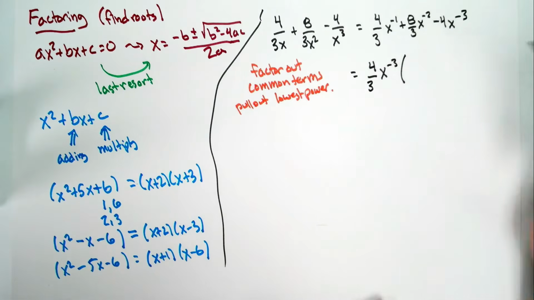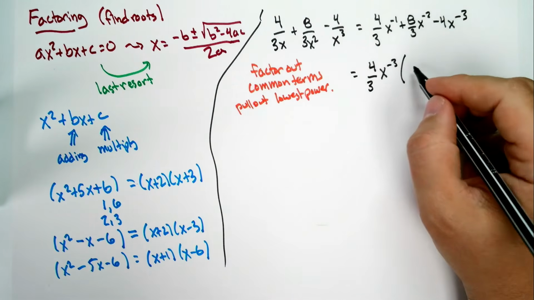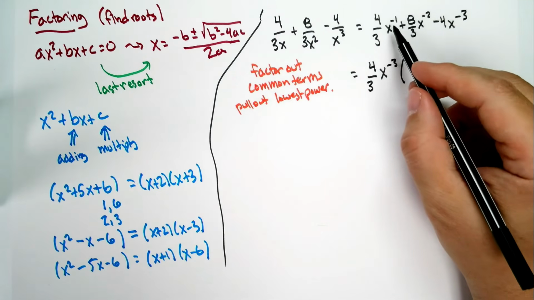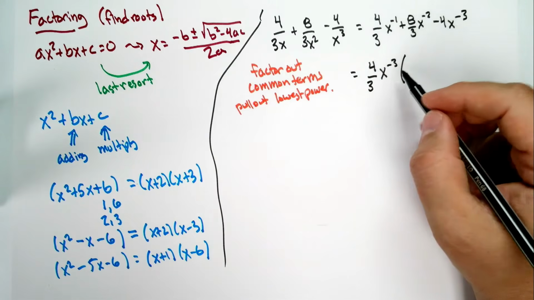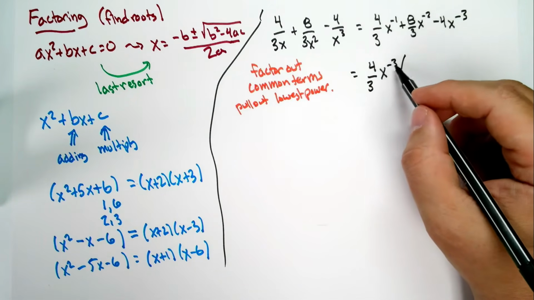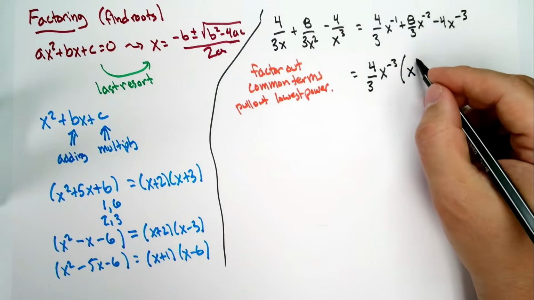Now, this is when we really test that we understand what happened. So what do we end up with? Well, one way to figure it out is to say, what would this have to be? So I ended up with x to -1. And in this case, if I'm going to subtract 3, it better be x squared.